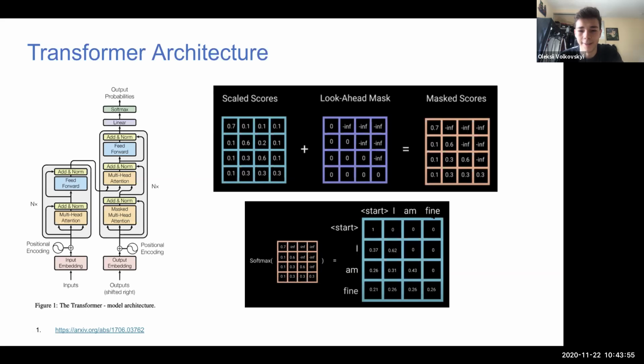So it doesn't make much sense to have these "I am fine", since for start it hasn't output "I am fine" yet, so those are blanked out, and it doesn't look at what it is going to output in the future because it can't.